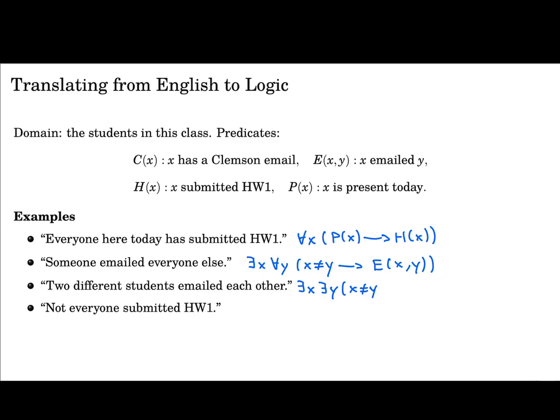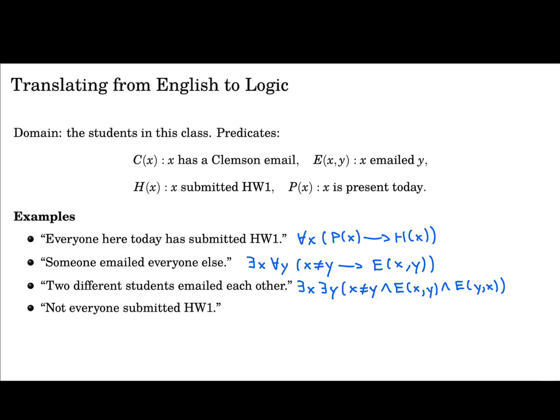So that means that I want X to email Y, and I want Y to email X. Because of course, if X emails Y, it doesn't necessarily mean that Y emailed X, so you have to have a separate statement for each one. So two different students, so there exists X and there exists a Y, and they emailed each other. Now they are different students, so they have to be different. X emailed Y, and Y emailed X.